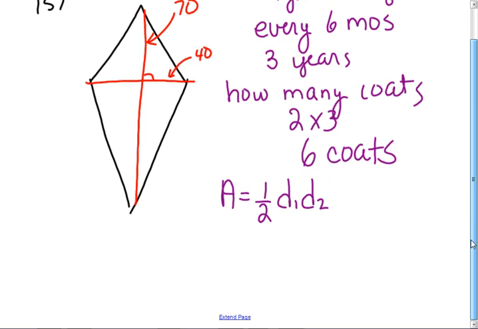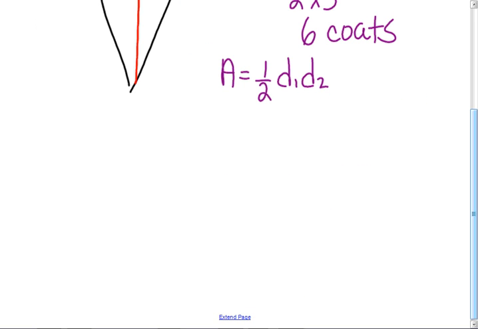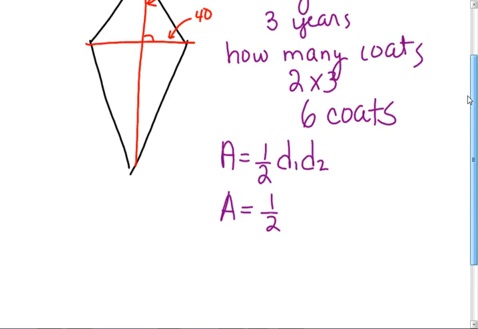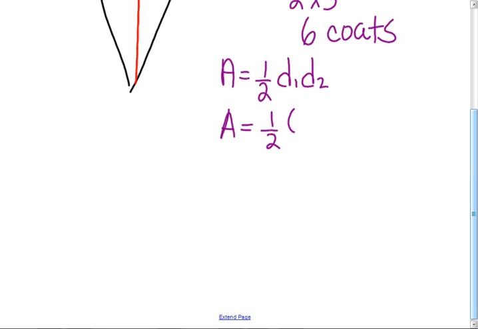Now, I can't see that you would have a shape that's a kite, probably a rectangle, but the problem solving is still the same. And you multiply 40 times 70. Well, half of 40 is 20, so what's the area? How many square feet? 1,400.